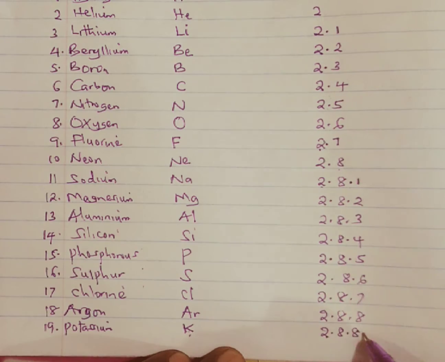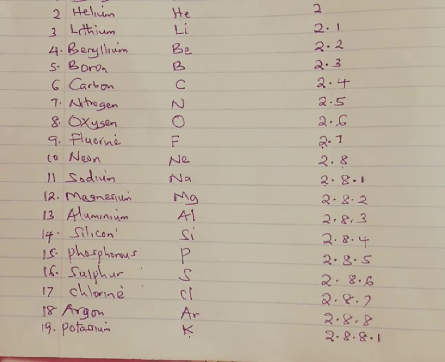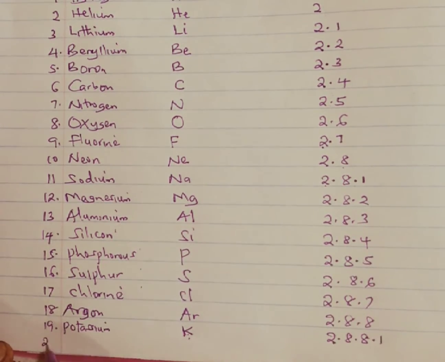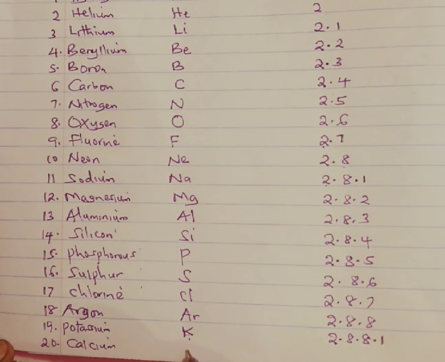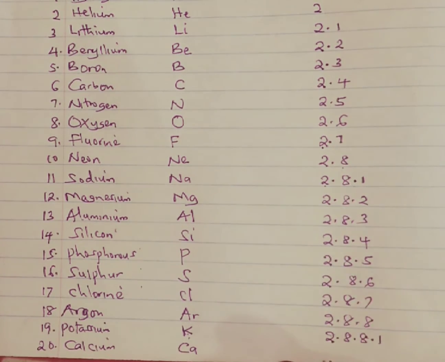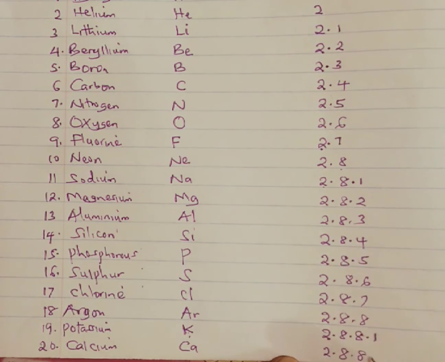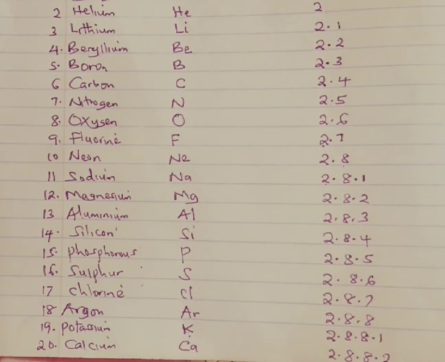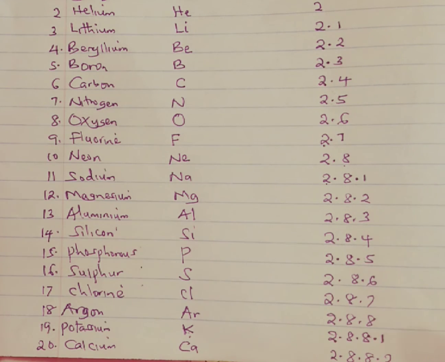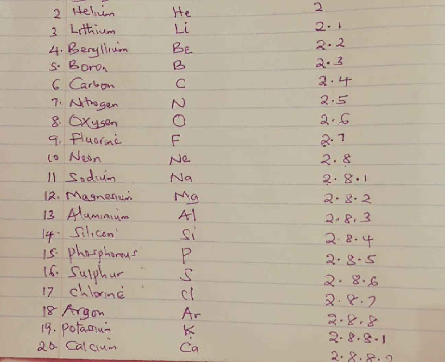Then the remaining 1 electron will move to the 4th energy level. And lastly, number 20, we have calcium. The chemical symbol for calcium is Ca, and the electron arrangement is going to be 2, 8, 8, 2, and that is the electron arrangement for the first 20 elements.